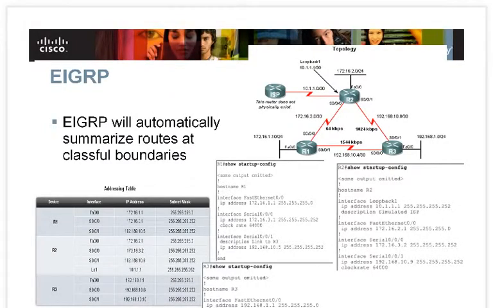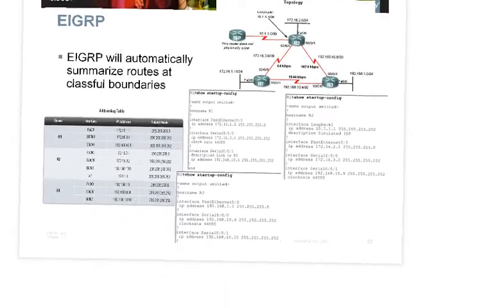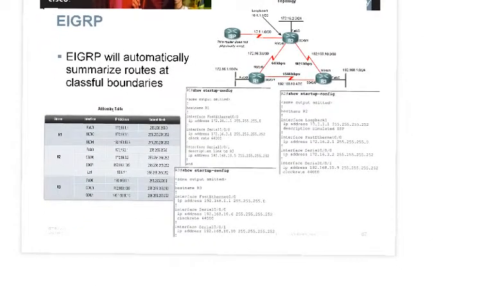Another thing here is automatic summarization. We talked about the fact that RIP is a classful routing protocol, in which case RIP does not send the subnet mask as part of the route updates, right? But when we discussed EIGRP, we said that EIGRP in general is a classless routing protocol, in which case it sends the subnet mask as part of the route update.